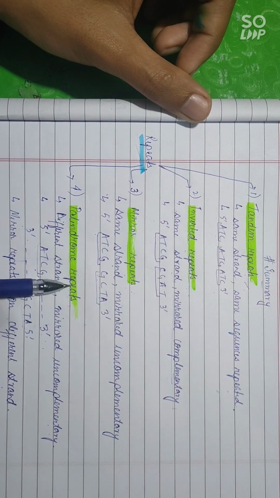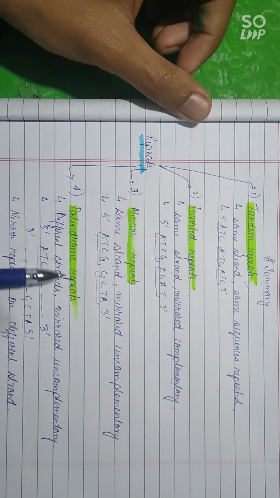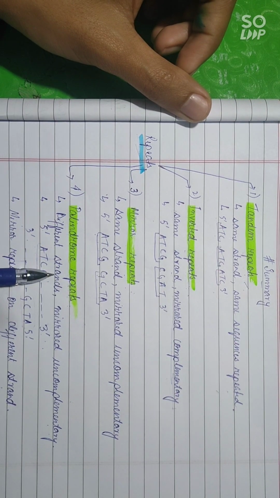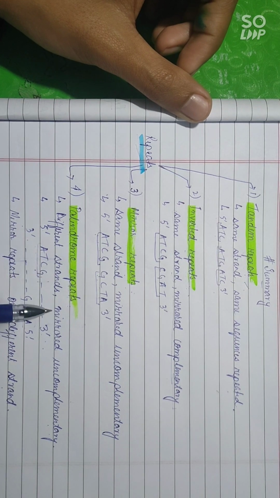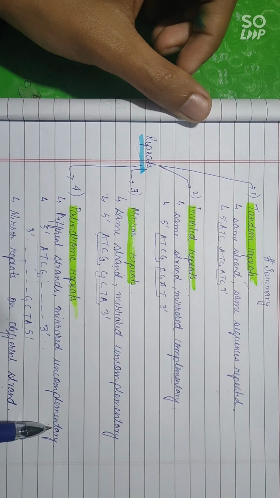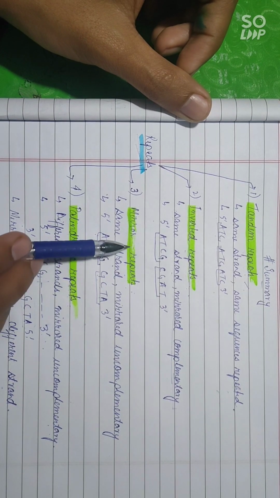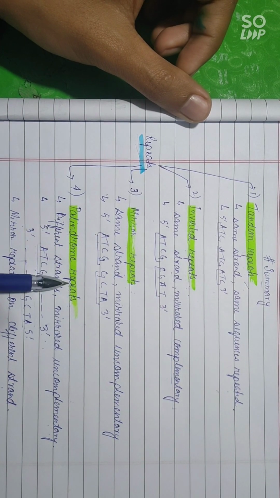And for palindrome repeats, we have the repeats that are found on different strands, but noted that the repeats should be mirrored without any complementation. They are actually the mirror repeats, but the repeats should be found on different strands. For example, we have 2 strands, 5' to 3', and the lower strand is 3' to 5'.